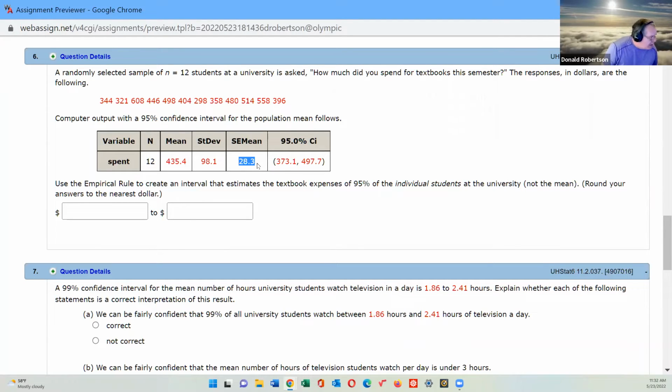Now, if you wanted to get the standard error, don't you take this number and divide it by the square root of that number? So I'm going to do that as a check. The standard error of X bar, they're calling it SE mean, is 98.1 divided by the square root of n, which is 12.